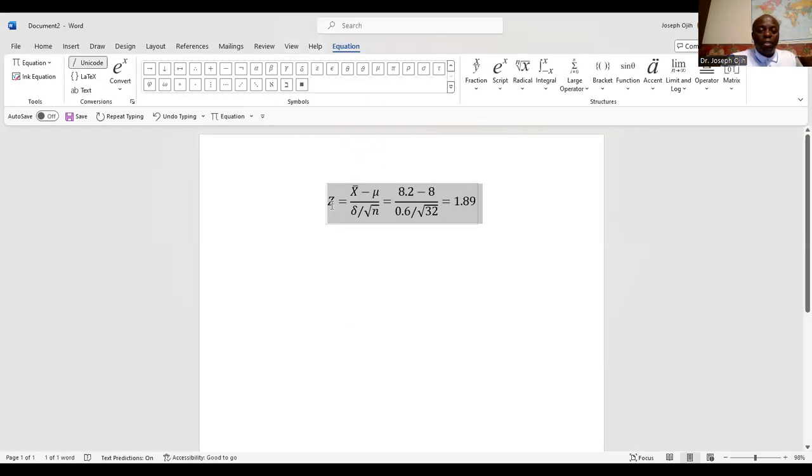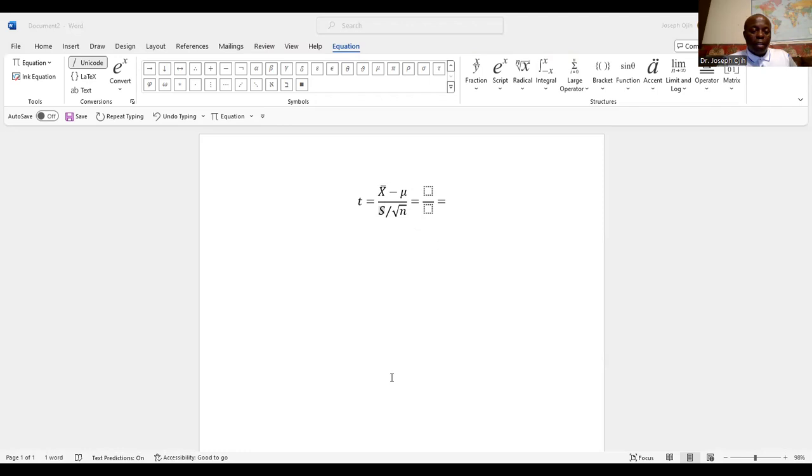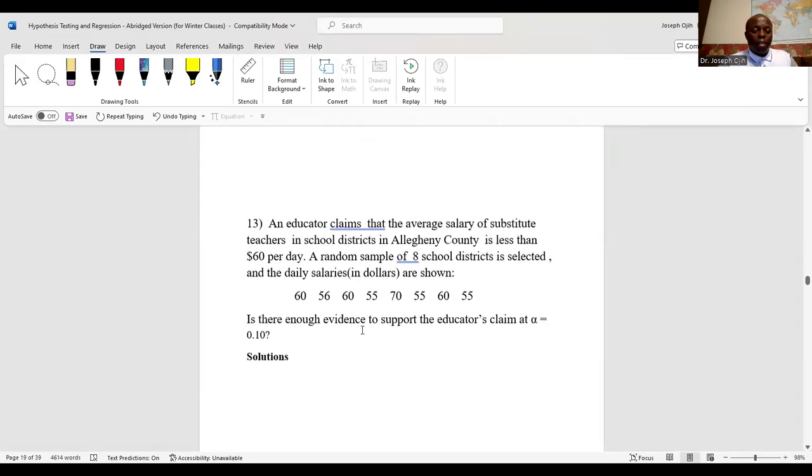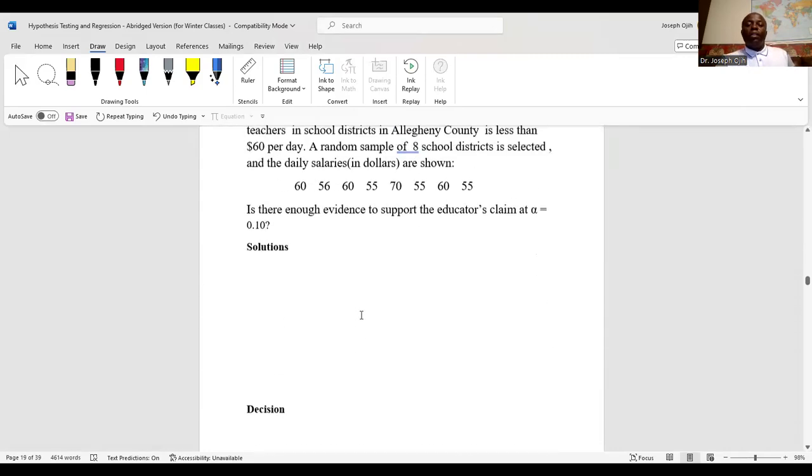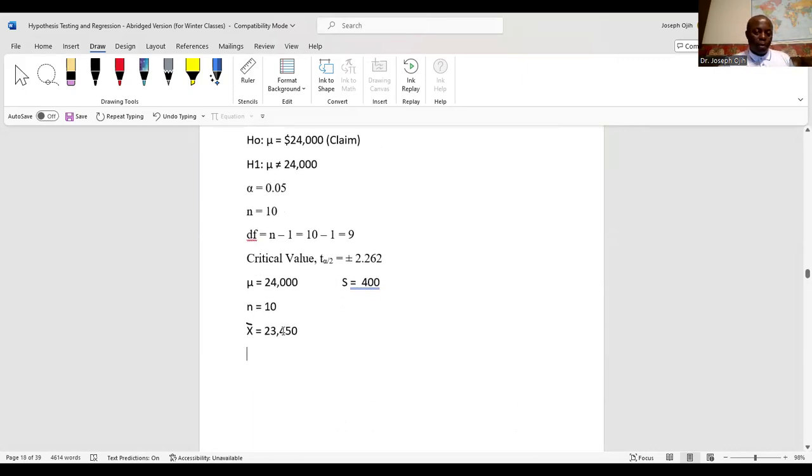So in this case, we're going to be using T. T equals x bar minus mean, but we're not going to use sigma; we're going to use the sample standard deviation, which is s, divided by the square root of n. The same formula, just a slight modification. So now we can plug these numbers in.